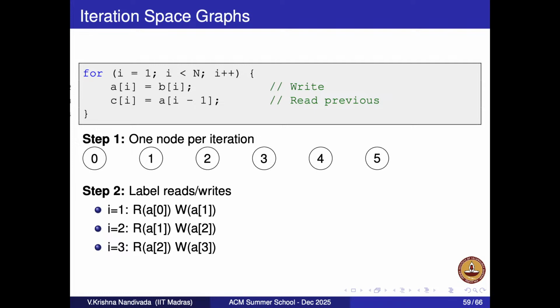This number is not exactly matching n. So what I'm saying is that for I equal to 1, it will read A0. Here it's reading A1, I equal to 2.